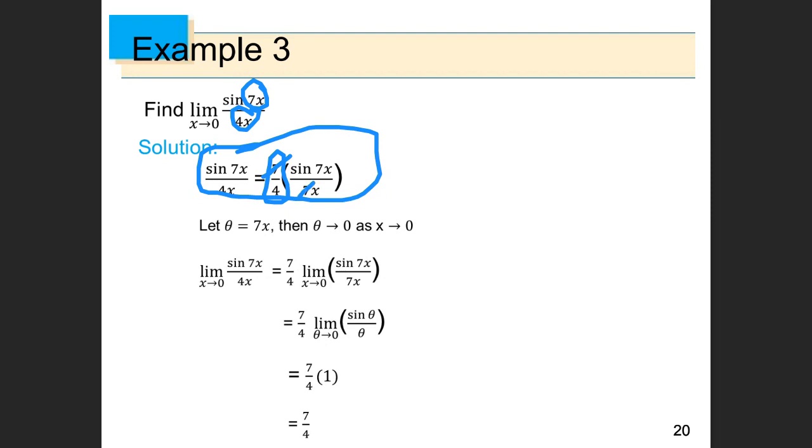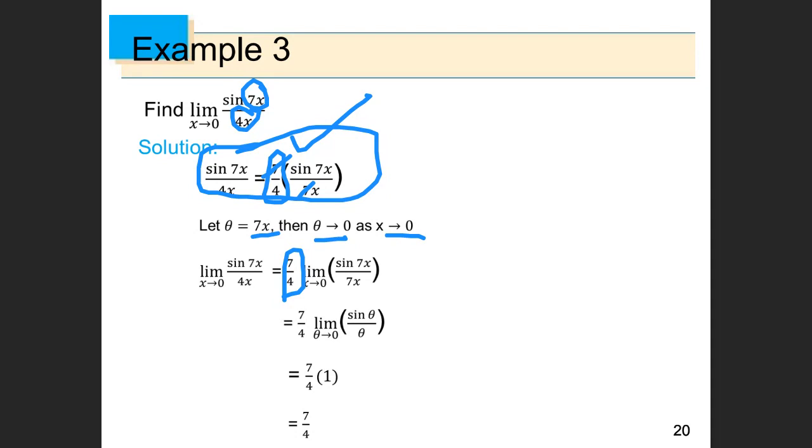It's also true that if I let theta be 7x, then theta tends to 0 as x tends to 0. Remember, if x tends to 0, 7 times x also tends to 0. Now the limit as x tends to 0 of sine 7x over 4x is going to be 7 over 4. Everyone knows where it's coming from when we did this balancing: limit as x tends to 0 of sine 7x over 7x.